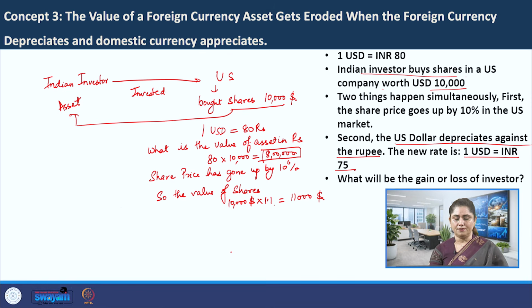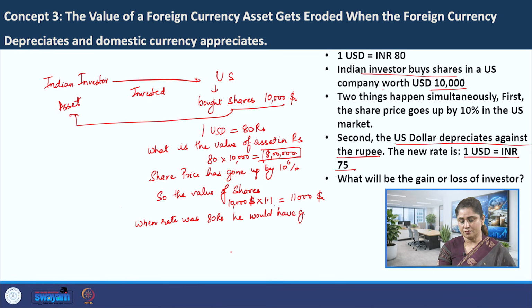Now, earlier when the rate was 80 rupees, he would have got 11,000 into 80, that is 8,80,000.